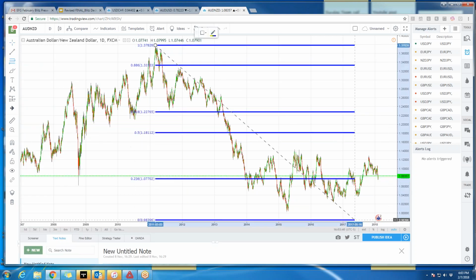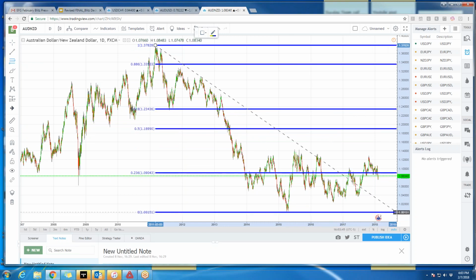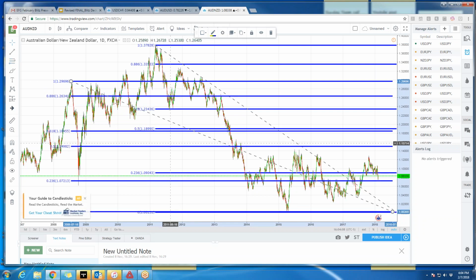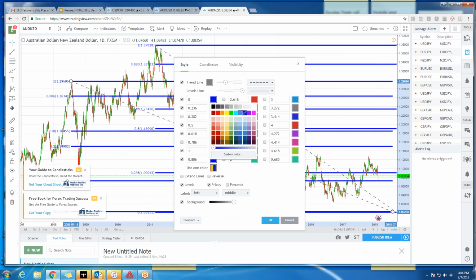Swing high to a swing low. And I just found that this is an easy way to go back.